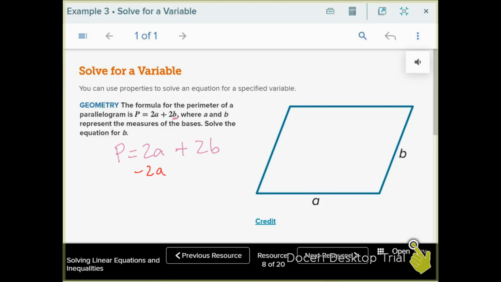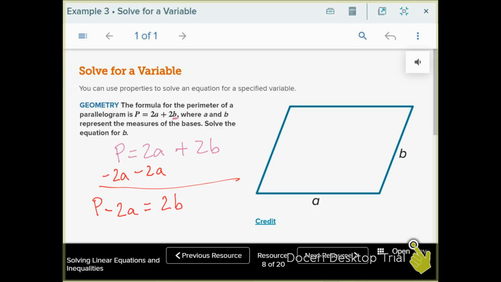Again, a lot of people might say that they want to divide by 2, but we're not just trying to get rid of the 2 so a is alone, we're trying to get rid of the entire term. So I'm going to subtract 2a. What I do to the right side of the equal sign, I also need to do on the left side. That leaves me at p minus 2a is equal to 2b.